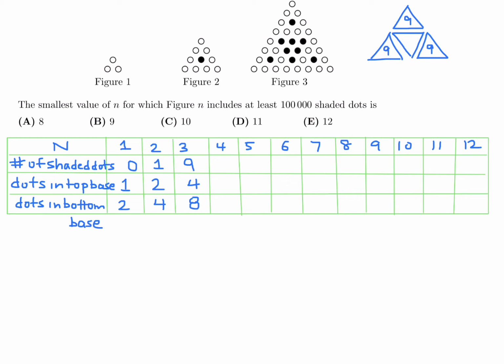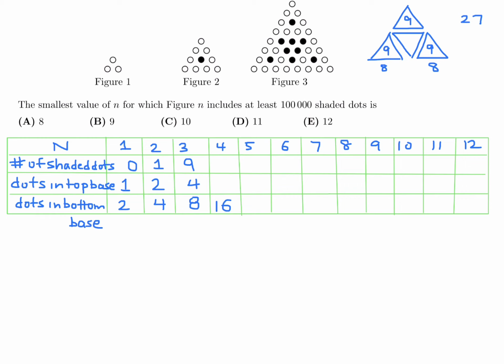So, for example, this one, the shaded dots, it looks like 9, 9, 9. So that's, so far, 27. The dots in the bottom base for this will be 16, correct? Because you've got 8 here, and 8 here, 8 here, 8 goes here, 8 goes here.